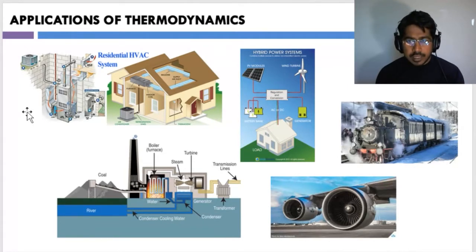If you have a space heater, then you can evaluate this space heater's efficiency and performance using thermodynamics principles. And at the same time, if you have an air conditioner, then you can use these principles to evaluate the performance of air conditioning. Even to evaluate the building as a whole, the building energy performance, we can use thermodynamics.